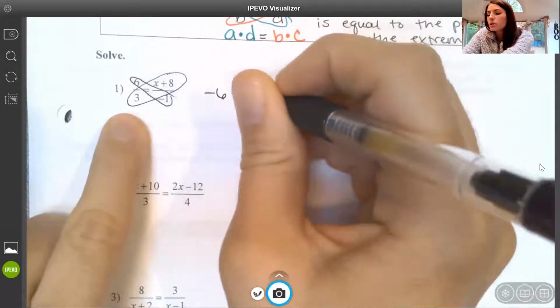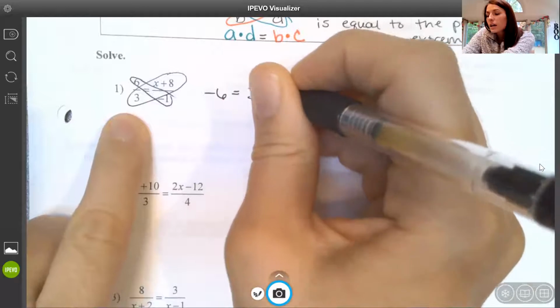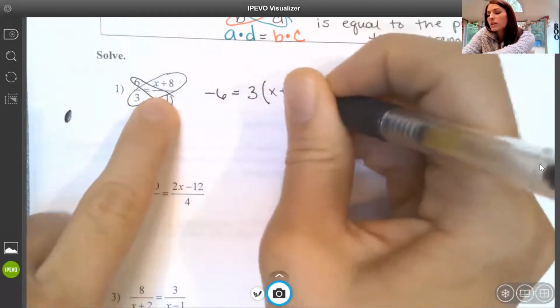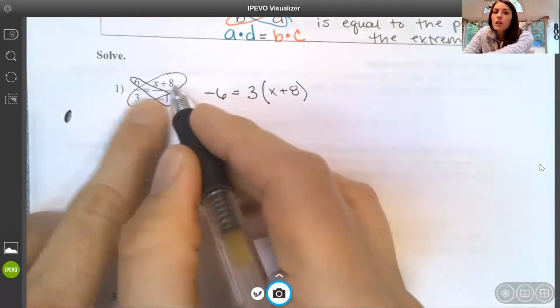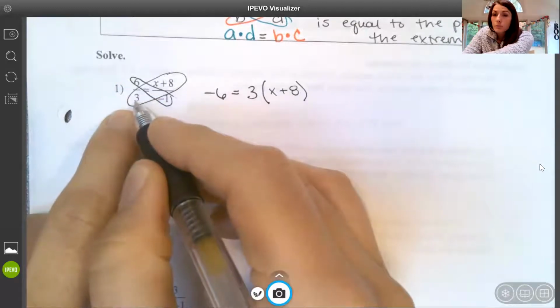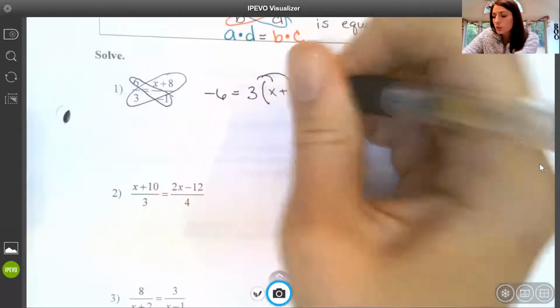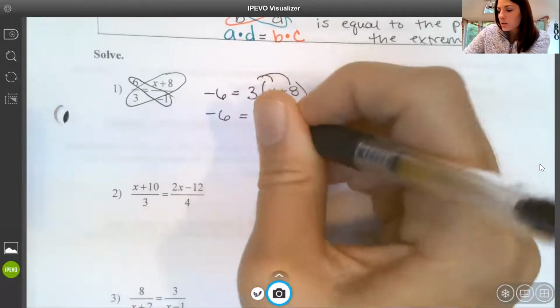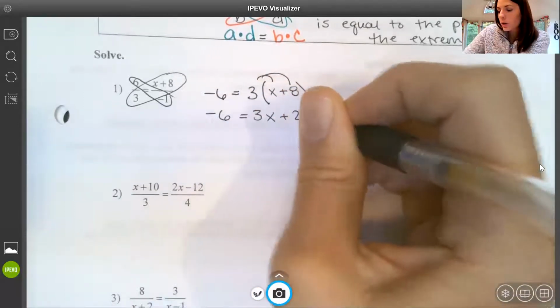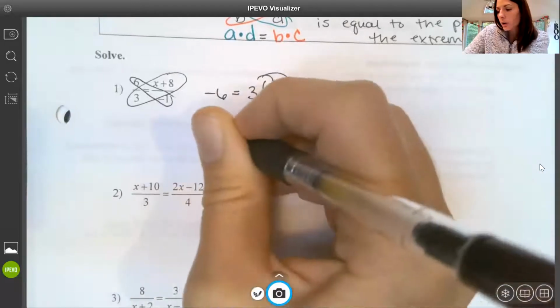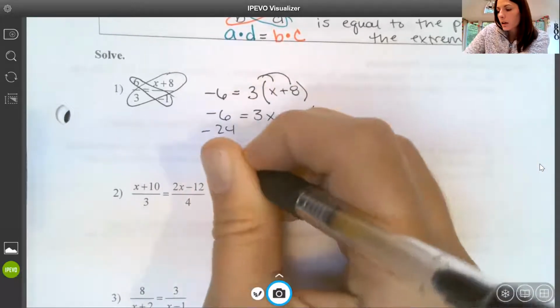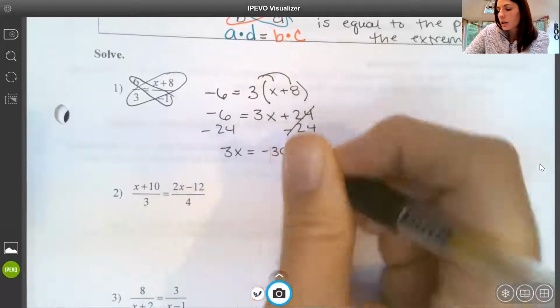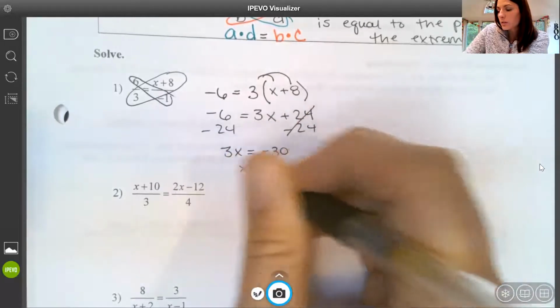That will be equal to 3 times x plus 8. That entire numerator needs to get multiplied by 3, which means we'll need to distribute. I get -6 equals 3x plus 24, and I subtract 24. Then 3x equals -30, and x equals -10.